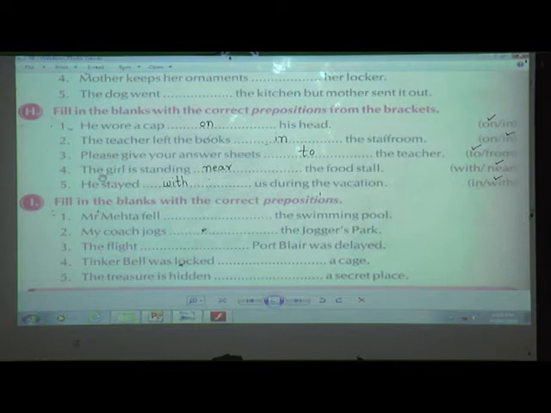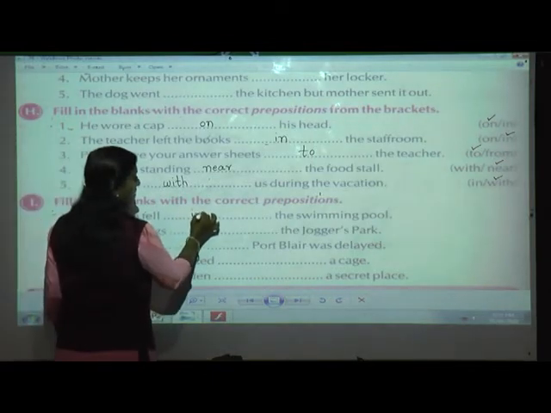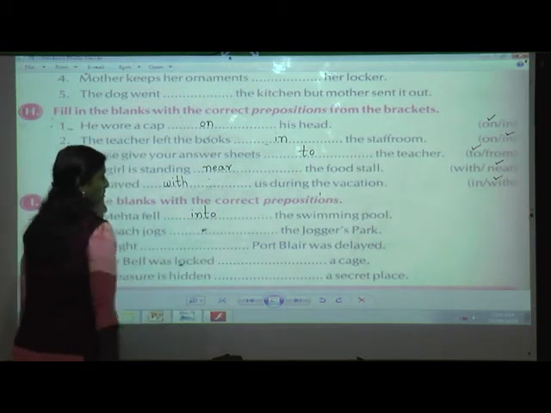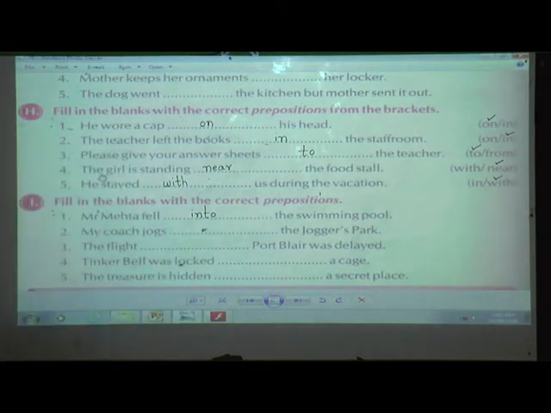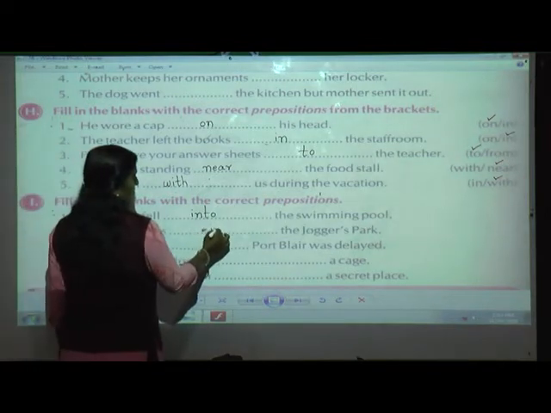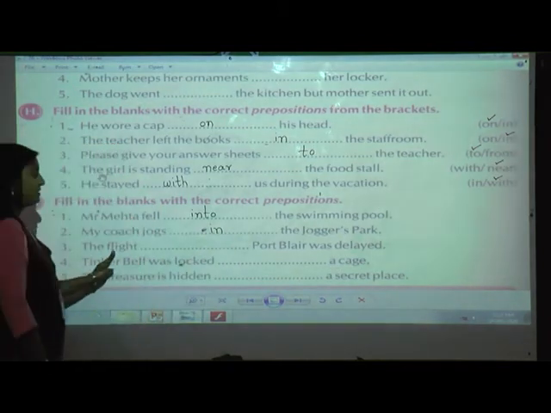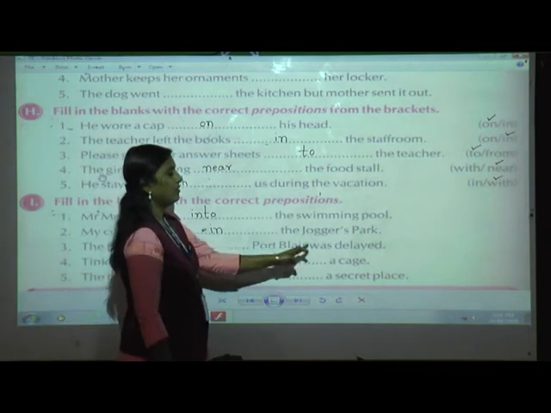Ready? Mr. Mehta fell. Now where did he fall? Yes, into the swimming pool. My coach jogs dash the joggers park. My coach jogs in the joggers park. The flight dash Port Blair was delayed.